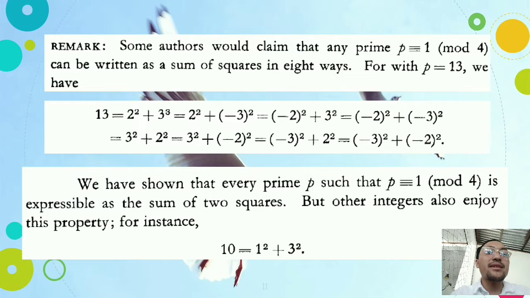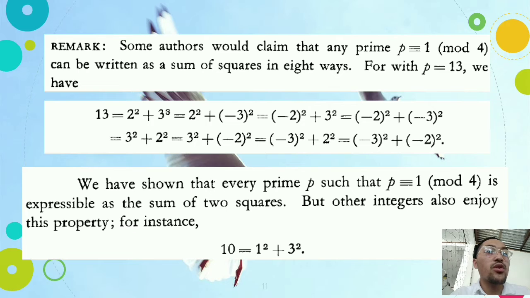So, remark. Some authors would claim that any prime P congruent to 1 modulo 4 can be written as a sum of squares in 8 ways. For with P equals 13, we have 13 equals 2 squared plus 3 squared. That is 3 squared, okay? If you simplify 2 squared and 3 squared, that would be 4 and that would be 9. So 4 plus 9, and we have 13. That is our first way.